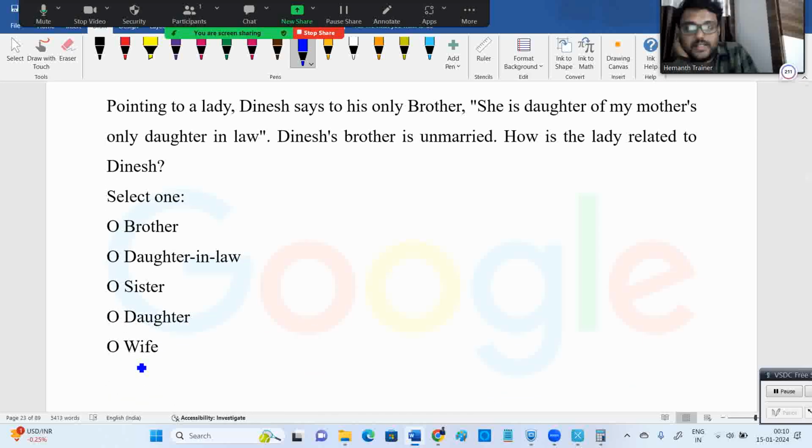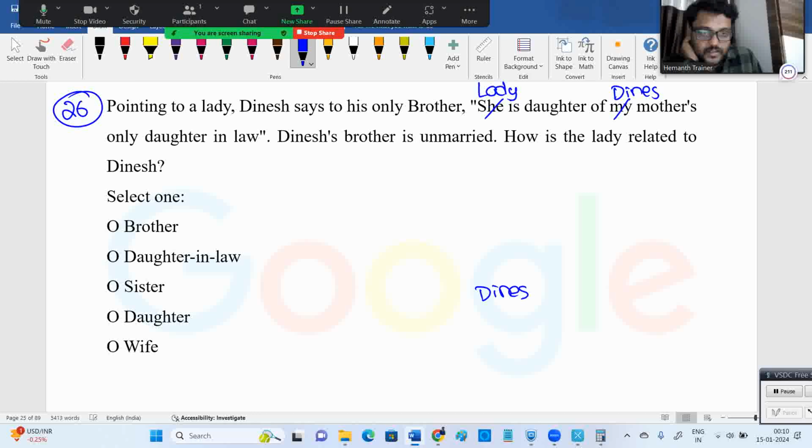Okay, this is related to blood relation. Pointing to a lady: the lady is the daughter of Mai, meaning Dinesh's mother's only daughter-in-law. Dinesh is a male person. Mother's only daughter-in-law means Dinesh's wife. So that lady is Dinesh's wife. Dinesh's brother is unmarried.